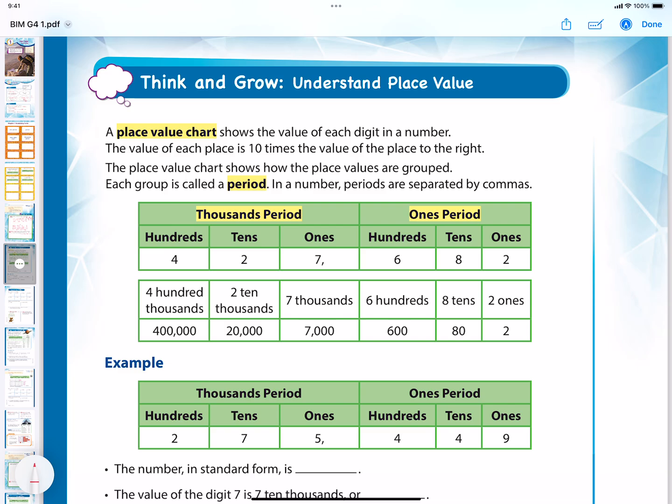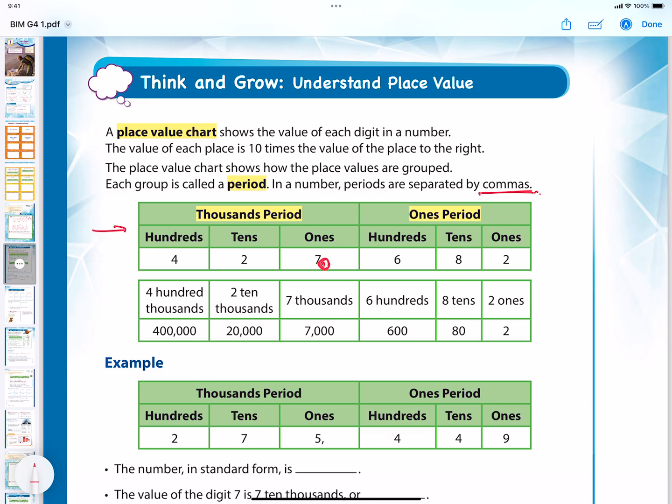This is very important vocabulary, guys. Period. It's not a period at the end of a sentence, but this kind of period. And we are going to separate these periods by commas. You see this comma. In a number, periods are separated by commas. Please remember.